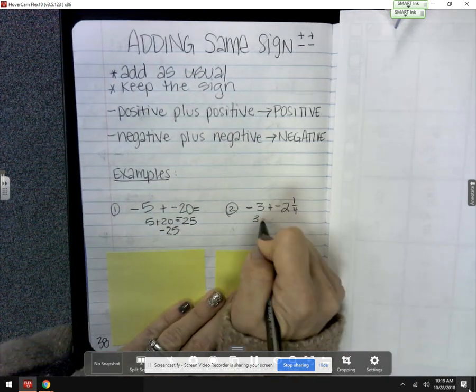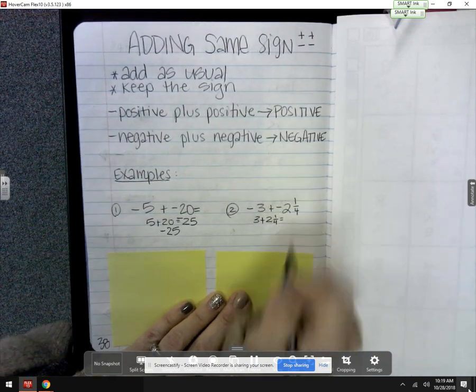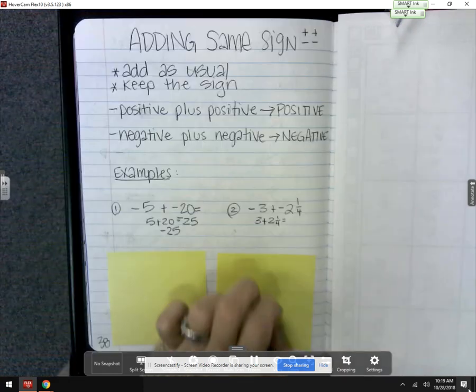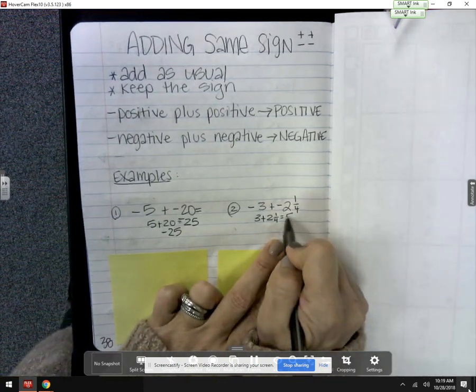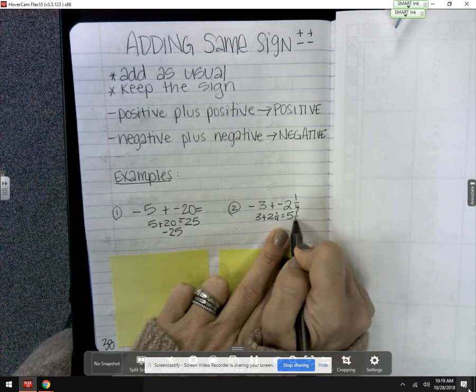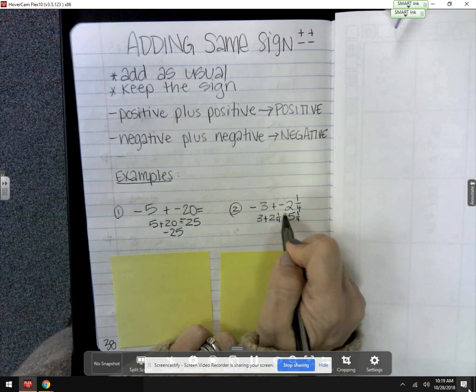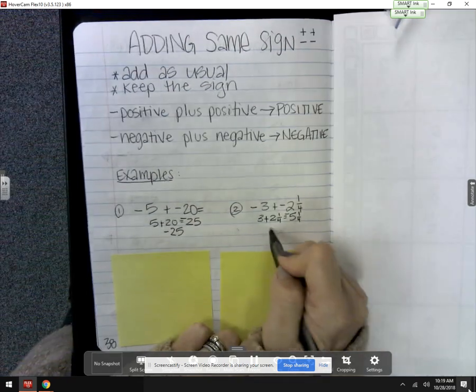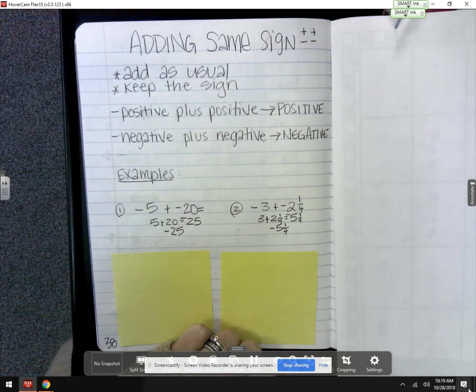I'm going to add 3 plus 2 and 1/4. So I know I add my whole numbers together, and I don't have a fraction on this guy, so I know it's 3 plus 2 is 5, and then my 1/4. And since they were both negative, that's going to be a negative. So my answer is going to be -5 and 1/4.